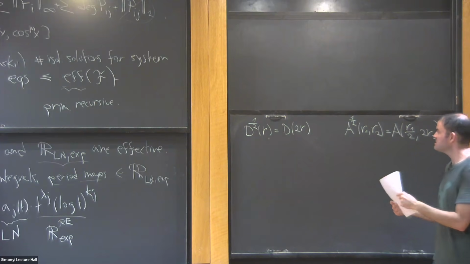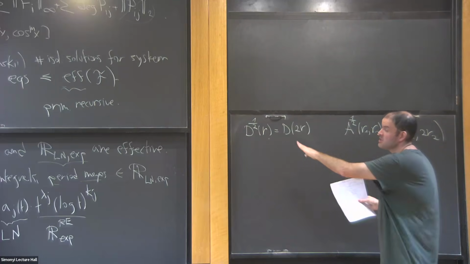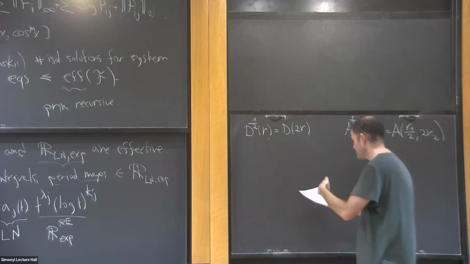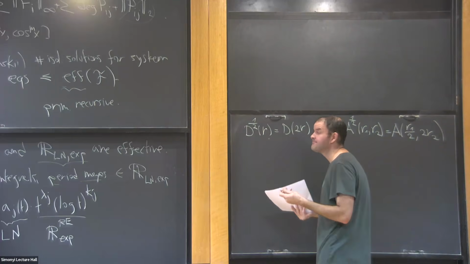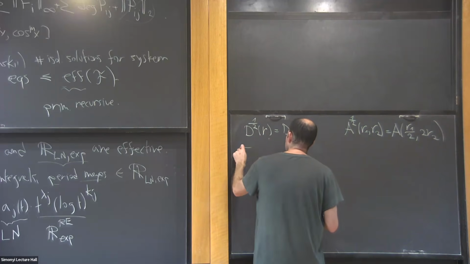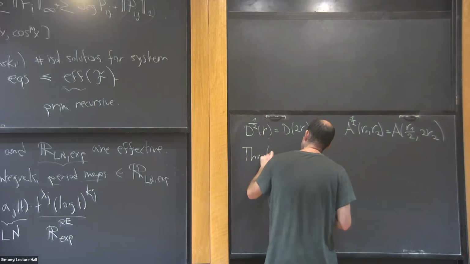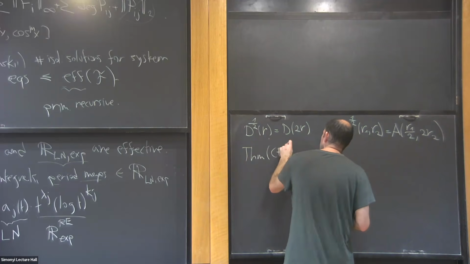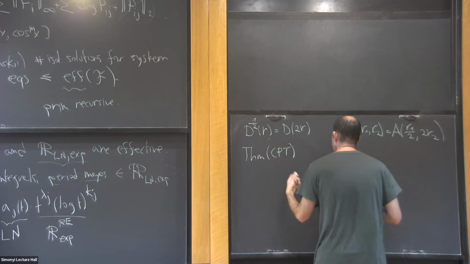Okay, so now let me state the theorem that I am actually proving to prove all of this, and it's in some sense more algebraic. So the theorem, which we call the cellular parametrization theorem, is as follows.